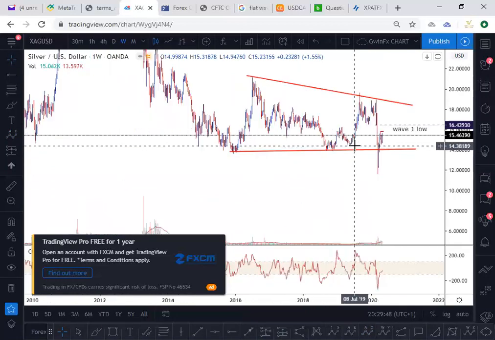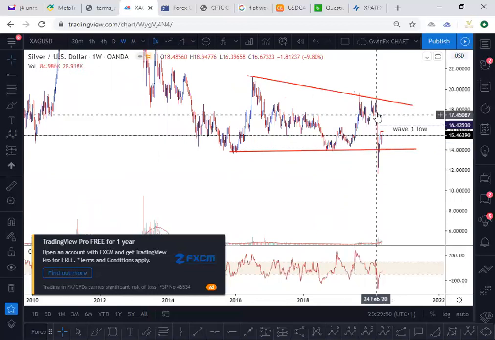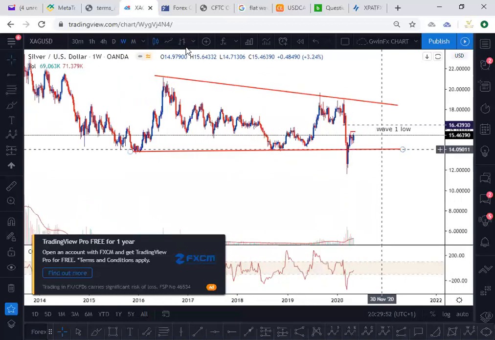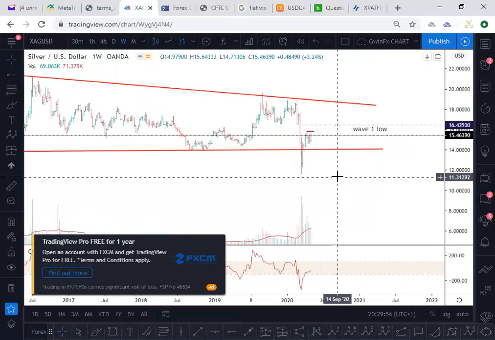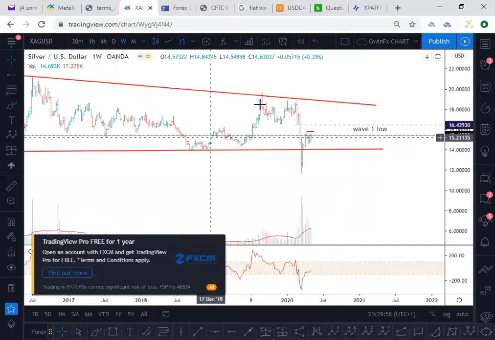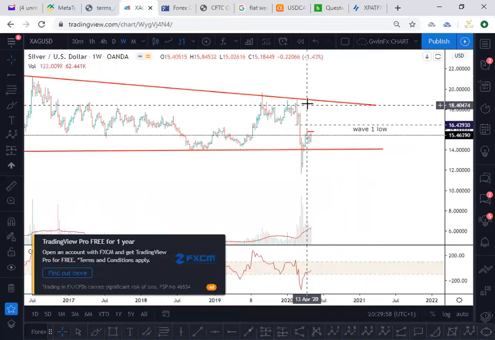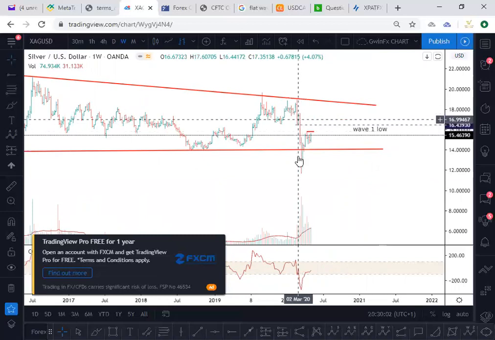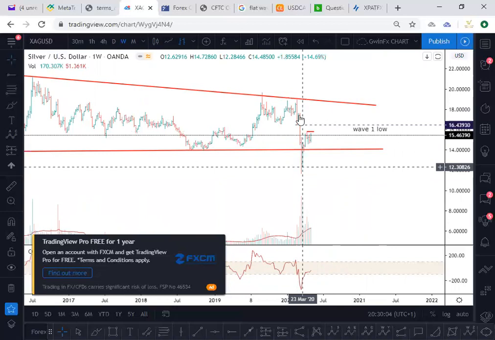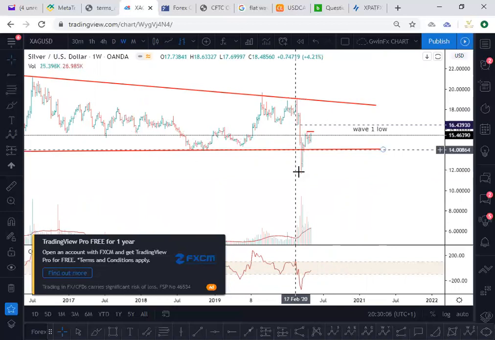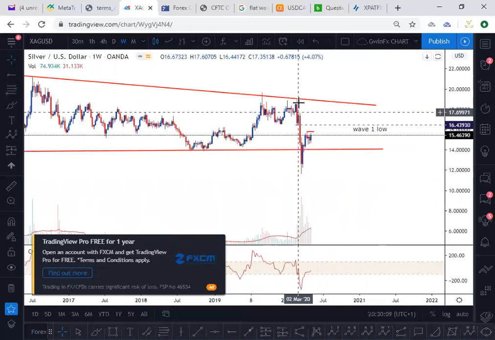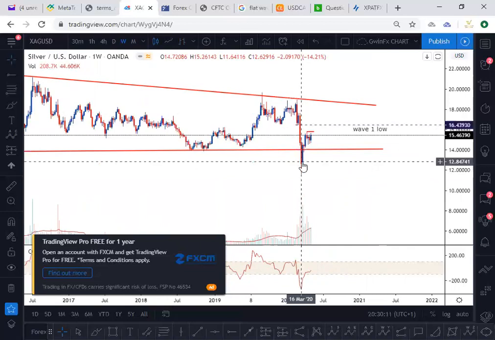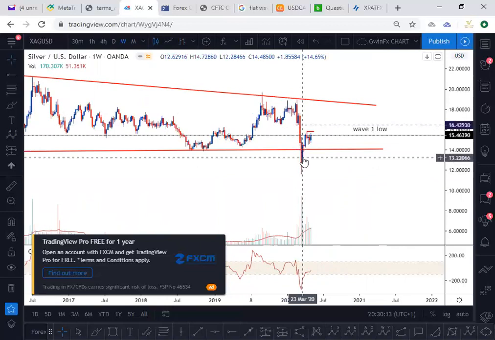One of the things we can also identify is the speed or the angle of the move. So we can see that this is a correction of the ABC, but this alone doesn't look like a correction. It looks like a new impulse. It is a fast moving market. The speed is unique.